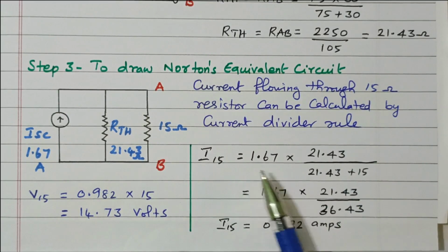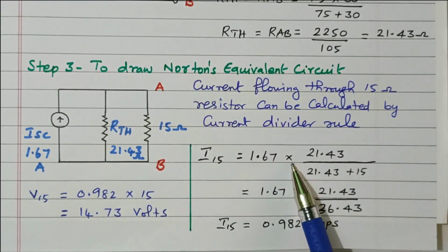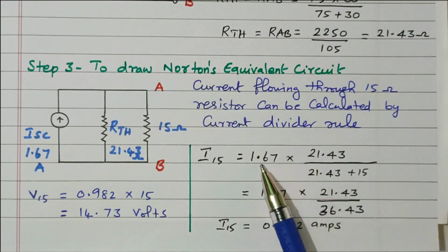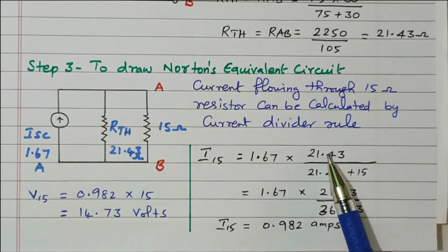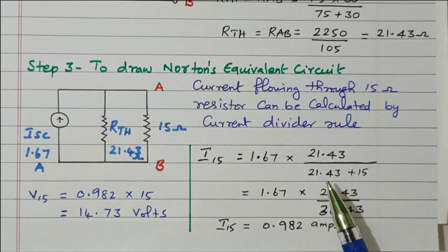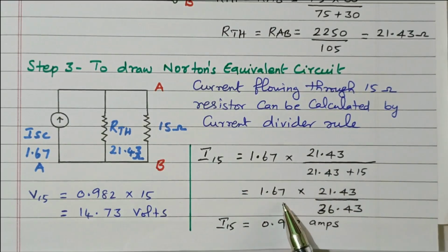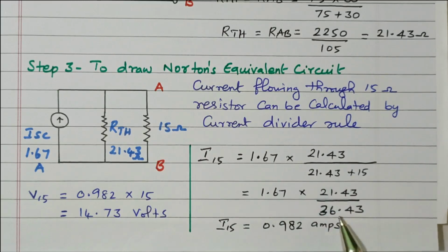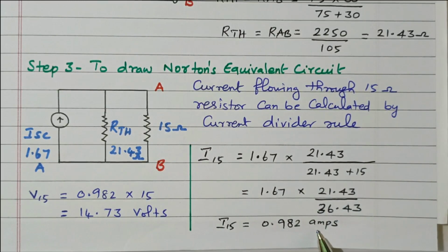In the current divider rule, the total current is multiplied by the other branch resistance. Voltage divider rule means total voltage multiplied by the same branch resistance; for current it is the opposite. So 1.67 into 21.43 divided by adding these two, 36.43, is equal to 0.982 ampere.